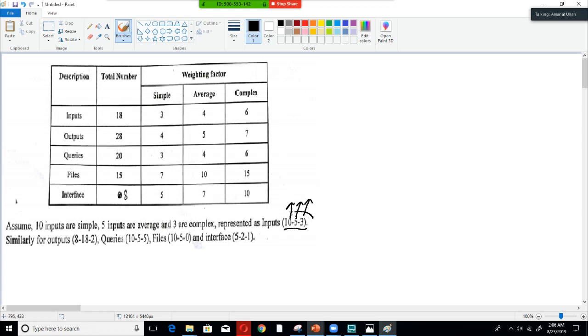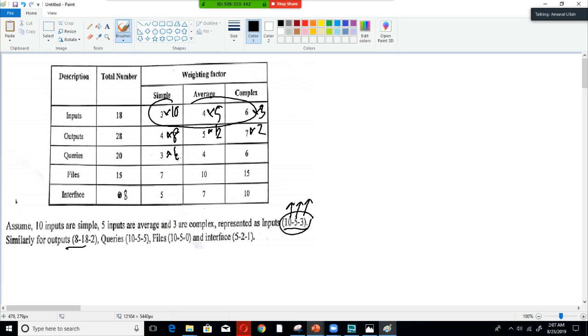So we have to multiply these with these values and then sum them up. So we multiply this with 10, this with 5, and this with 3. Next, the output. This multiplied with 8, multiplied with 12, and multiplied with 2.